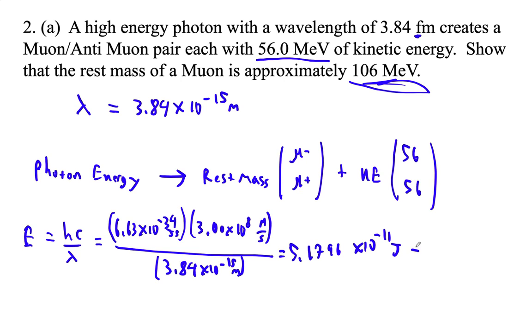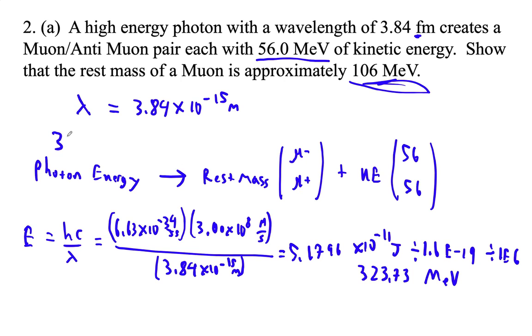So now let's divide by 1.6 e minus 19th, and this will give us electron volts. We get a big number, which I'm going to divide by 1 times 10 to the 6th, and now I've got a lot of MeV: 323.73 MeV. So now we've got to balance this equation.